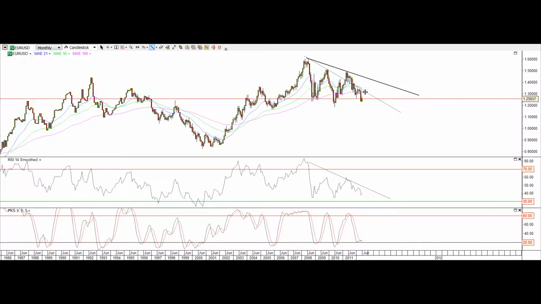What's also negative is here we have the 21 exponential moving average crossing down through the 50, and that does not happen a lot. You can see here when it crossed up through it, it basically went up for the next 4, 5, 6 years.